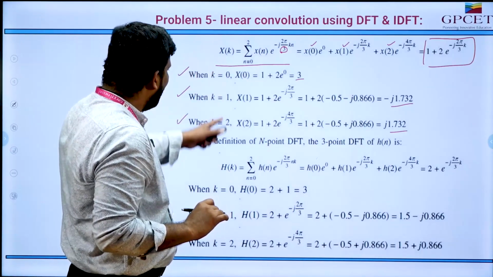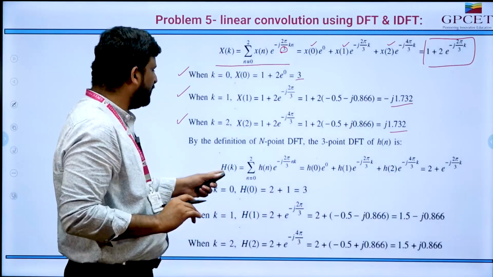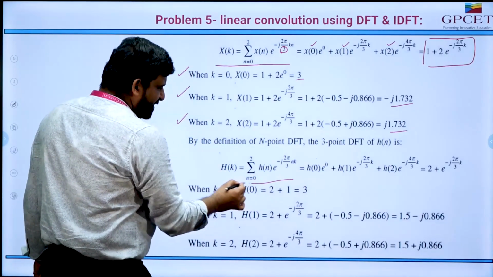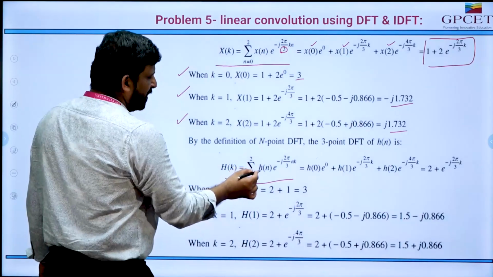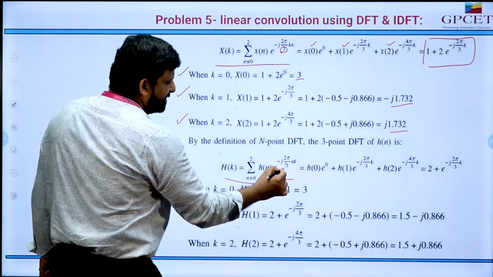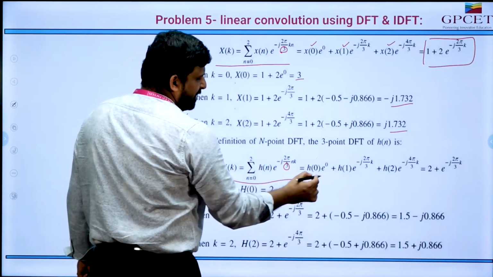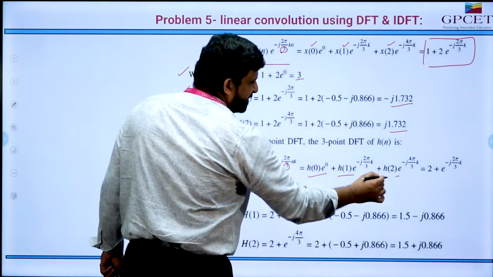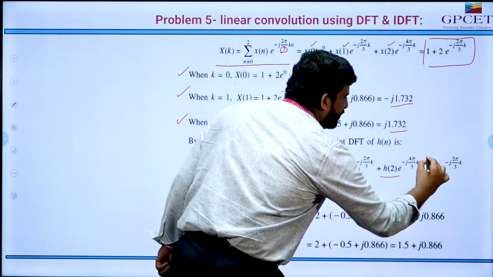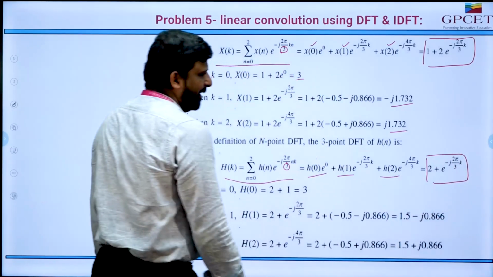Now I have got the X of k values. Next I need to find the value of h of k. Similarly, I consider the equation h of k is equal to summation n is equal to 0 to 2 of h of n e power minus j 2 pi by 3 nk. Similarly, I expanded this summation for h of 0, h of 1, h of 2, and after simplification, one equation is formed: 2 plus e power minus j 2 pi by 3 into k.